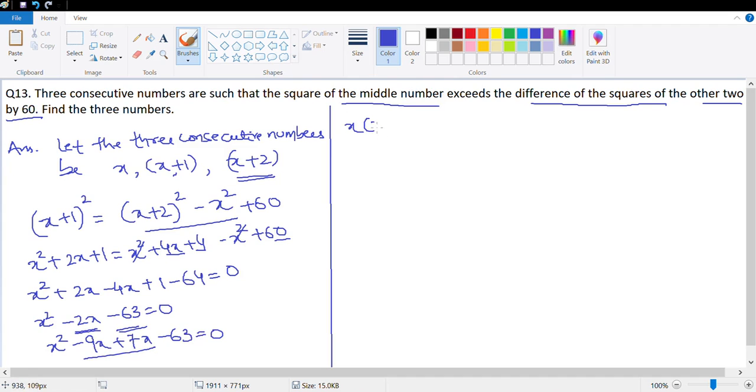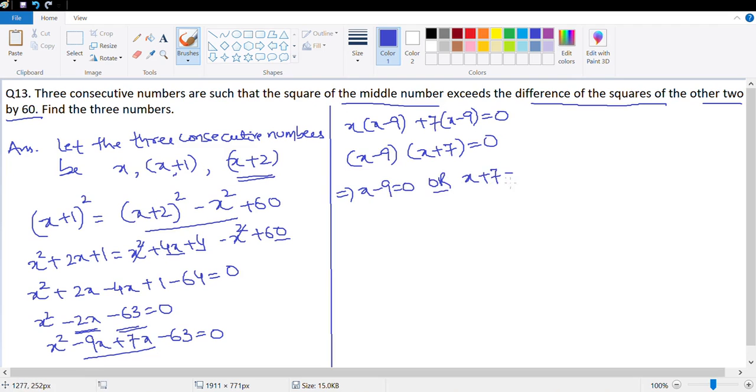Grouping it, I get x times x minus 9 plus 7 times x minus 9 is equal to 0, which means x minus 9 times x plus 7 is equal to 0, which means x minus 9 is equal to 0 or x plus 7 is equal to 0, which gives me x is equal to 9 or x is equal to negative 7.